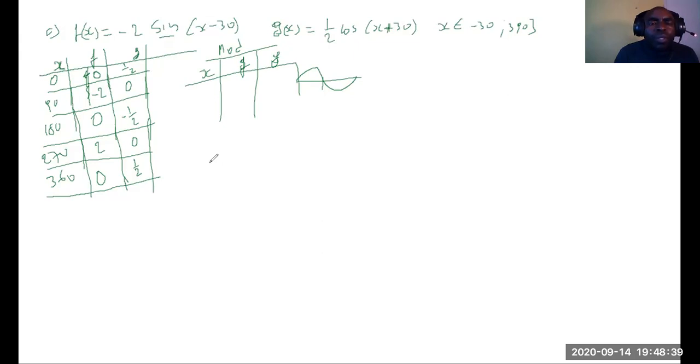Okay, let's have X here, and we have our G. For G, we are going to have a plus. So we have got 0. We added the 30. That becomes 30.